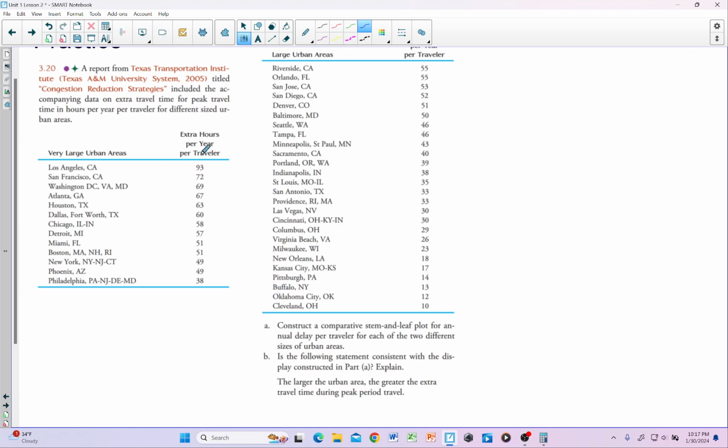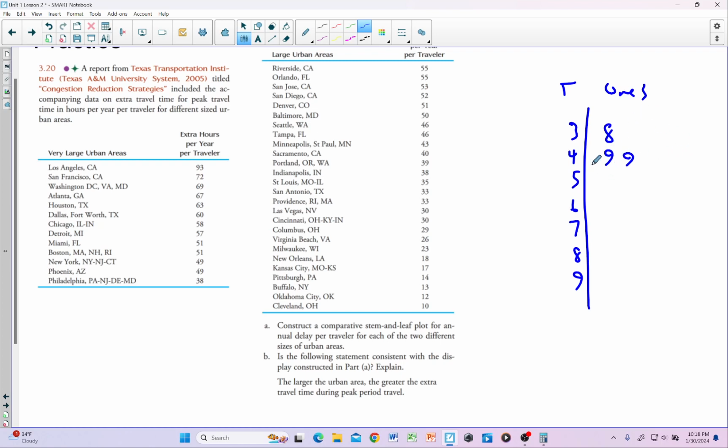Looks like my stems, if I use tens and ones, I go from 3 to 9. So I'm going to do 3, 4, 5, 6, 7, 8, 9. Now the lovely part is my data is in order, so I can just go ahead and put the data in.